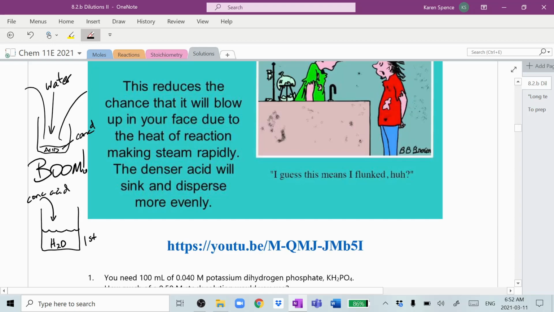And it's going to then disperse. Once you have added the acid, it will get warm, but it won't go spattery, boiling acid water all over the place. So you have water, add your concentrated acid, and then you will add water to the final line. Okay?